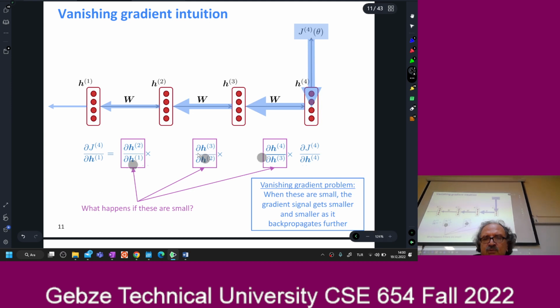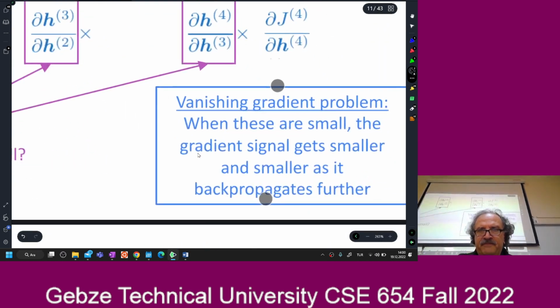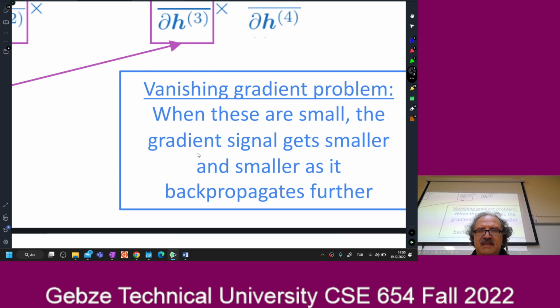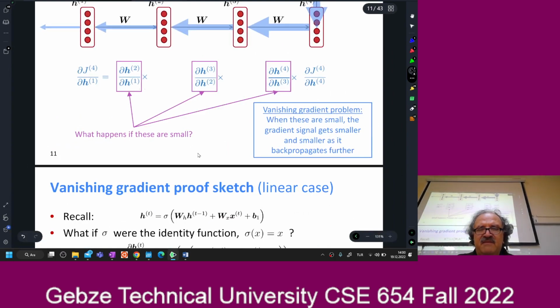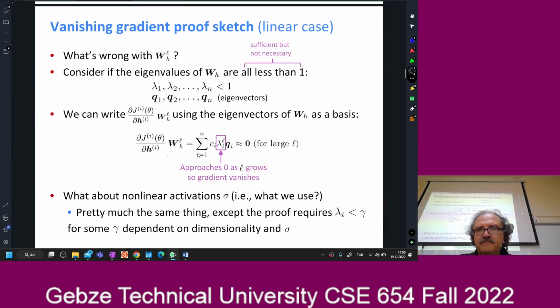If these values are small, this value will be very small. Small means that I cannot get large steps between the gradient descent algorithm steps. Then that's the vanishing gradient problem. When these are all small, the gradient signal gets smaller and smaller as it propagates further. This will either cause numerical problems, like underflows, or my training will get very slow.